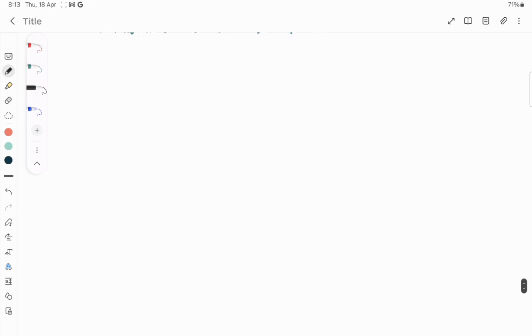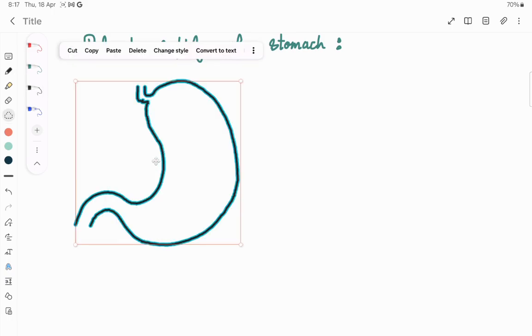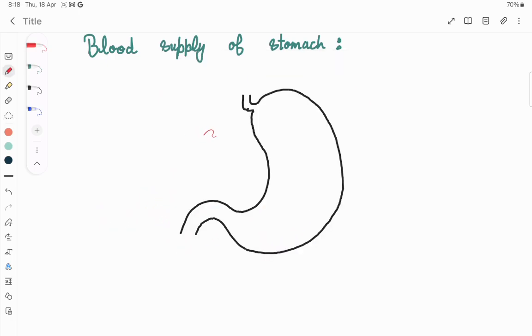So next we see the blood supply of the stomach. Let us draw the celiac trunk.